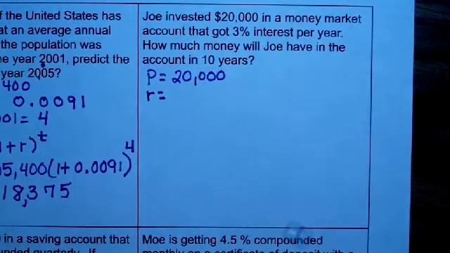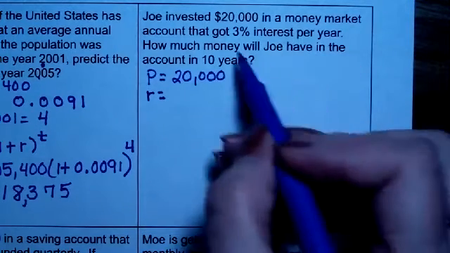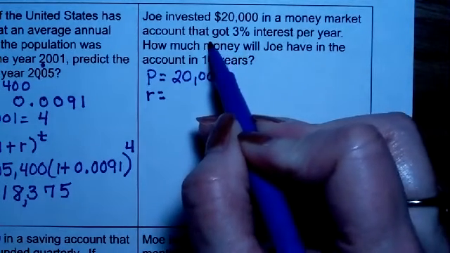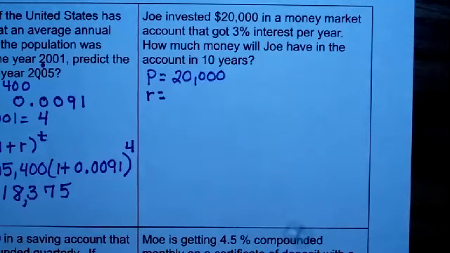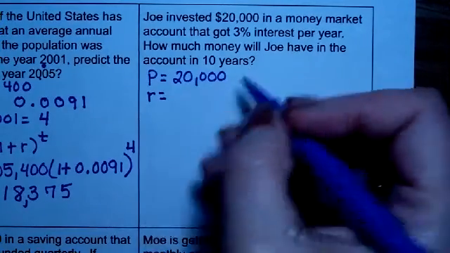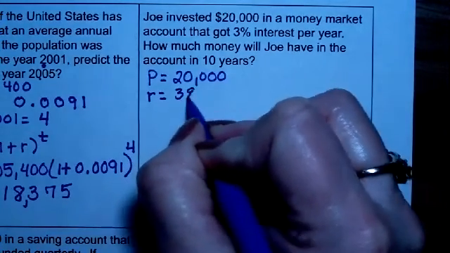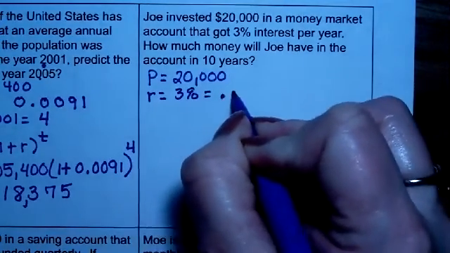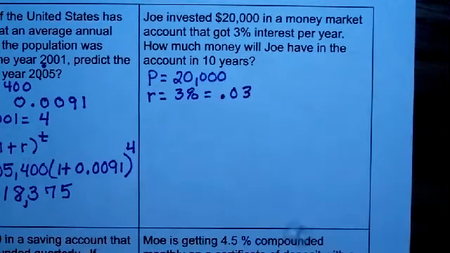And even though it doesn't say rate of increase, it says he got 3% interest. He earned 3% interest. So that's giving it to him and adding it to his money. So that is an increase. So that's 3%, but you guys know we can't use 3%. We got to use 0.03 when you move that decimal over 2 places.